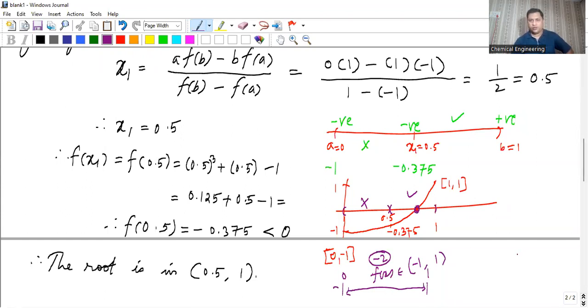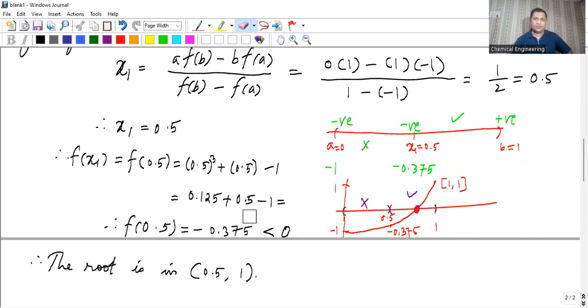Because this function will take values between -1 and 1, you will not go farther from 0 than this -1. So this is guaranteed by the mean value theorem. That's why in the first lecture we discussed how the function is going to have its value in between these only. Got it? Yes, sir.